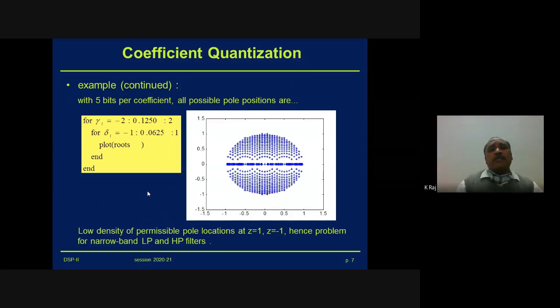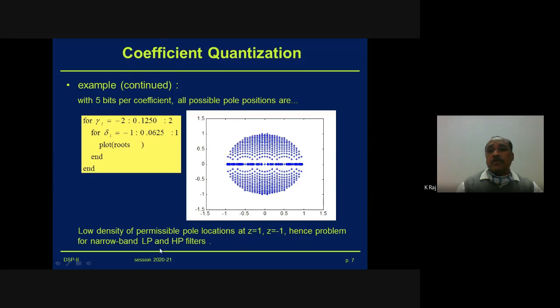Now, if we see one example, say with 5 bits per coefficient, what will be the position of all possible poles? We have written one program here, and we will find that low density of permissible pole locations takes place at z equal to 1 and z equal to -1.